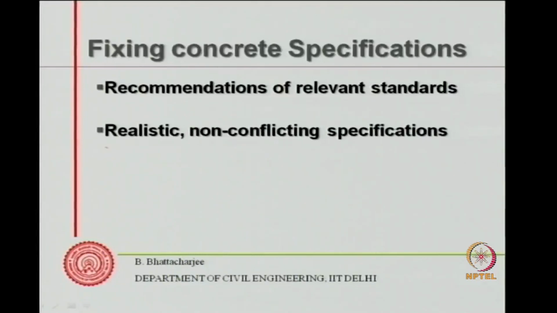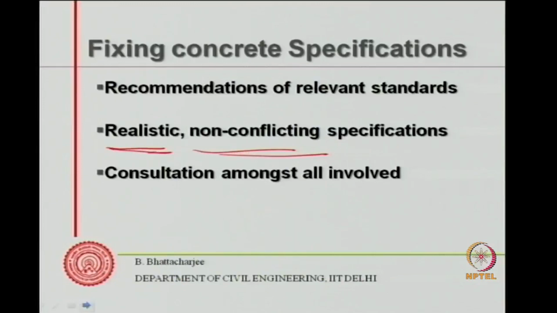It should be achievable. They must be non-conflicting. For example, a specification mentioned in case of durability should not be conflicting with some other specification. So this is very important. Conflicting specifications should not be there, and they should be realistic.